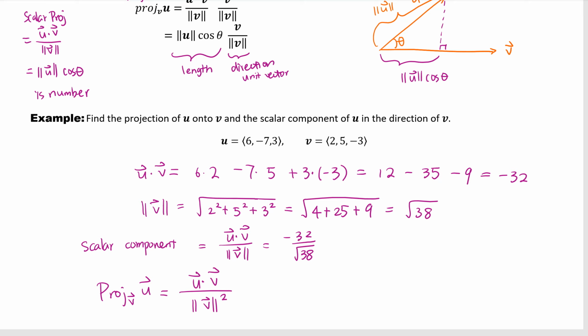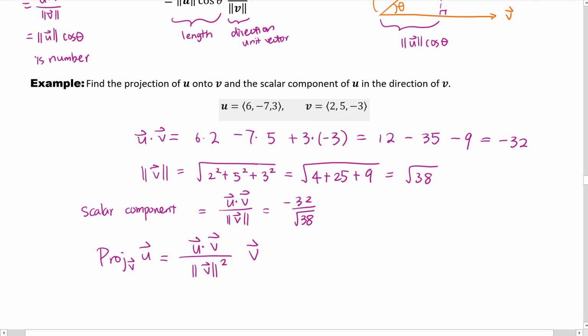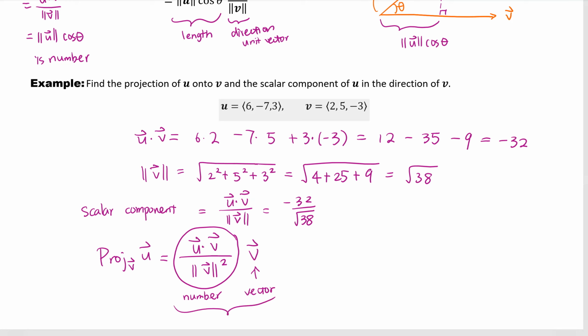This first part is a number, a scalar, and then v is a vector, so all together it gives us a vector. So u dot v is minus 32. The magnitude of v squared gives us 38. And then v is 2, 5, negative 3.